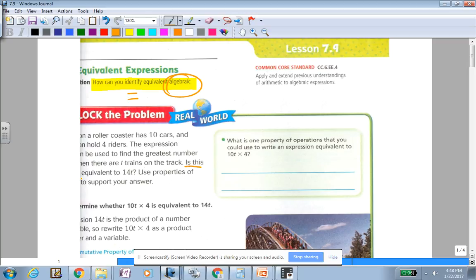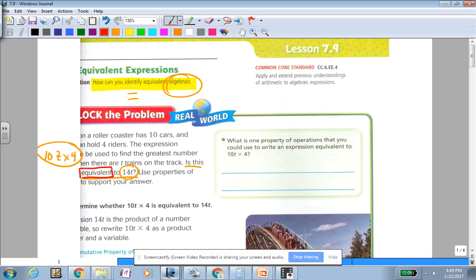And so the question's asking us, is the expression, this is the part that's cut off, 10t times 4 equivalent to 14t. So these are important facts here. We also want to box in the signal word.